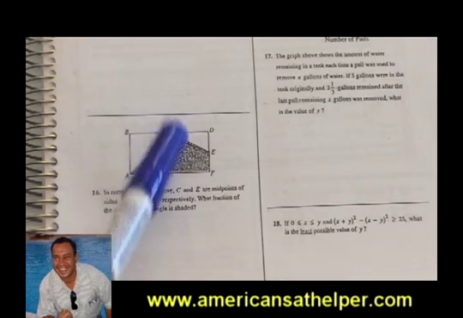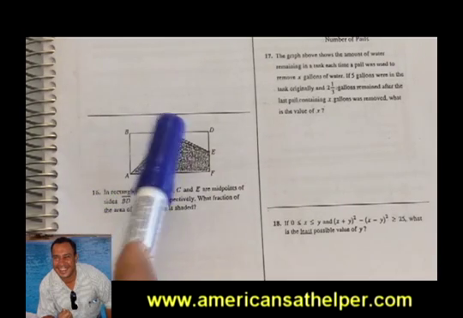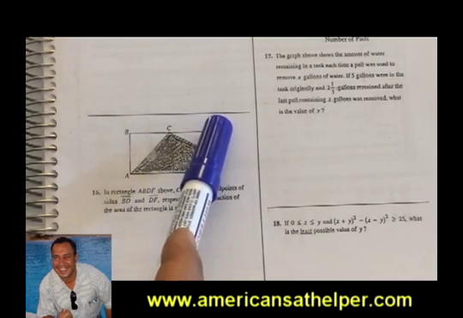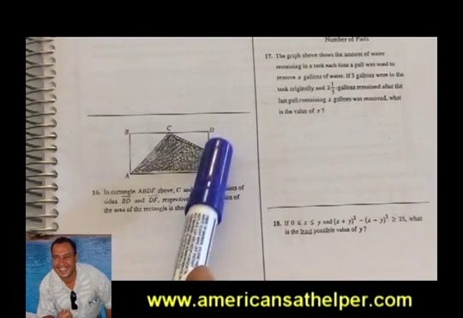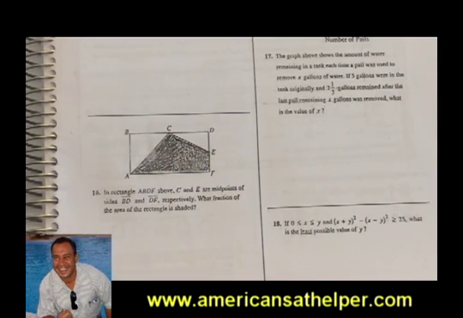So C is the midpoint of BD, and E is the midpoint of DF, respectively. What fraction of the area of the rectangle is shaded?